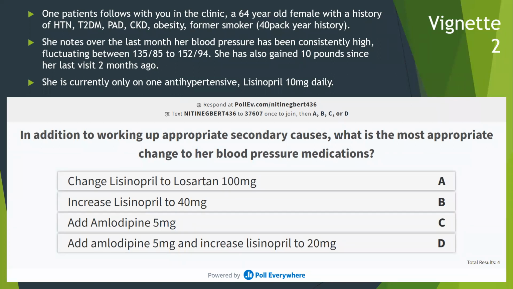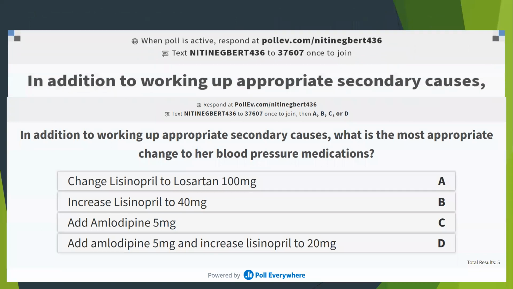So your hint on this one is remember that you get diminishing returns the more that you increase one medication. And again, there's an answer here that I think is the best answer, but there are also some that are not wrong. So you're not going to go wrong on this. All right, we're up on a minute, so I'm going to go ahead and move to the next slide. Let's see what people are saying.